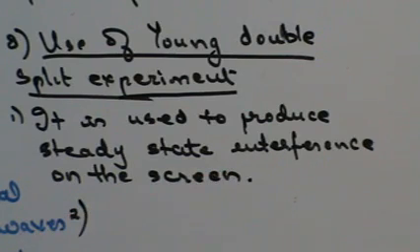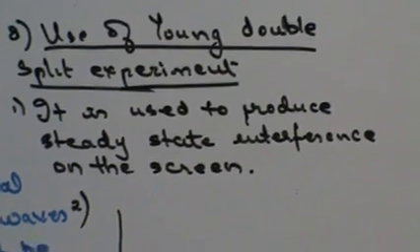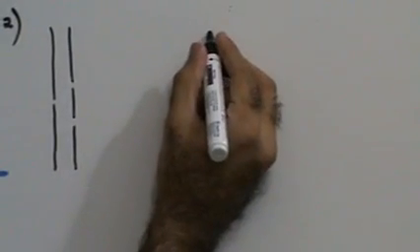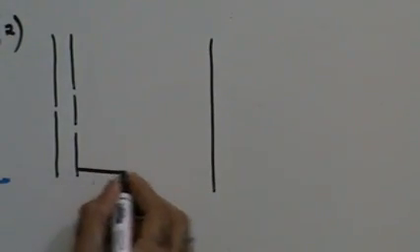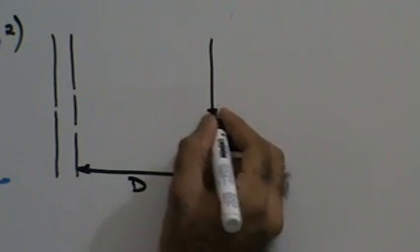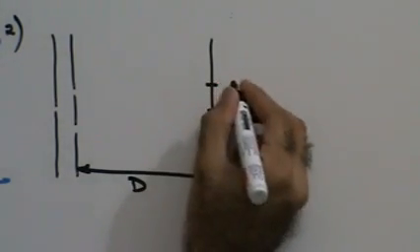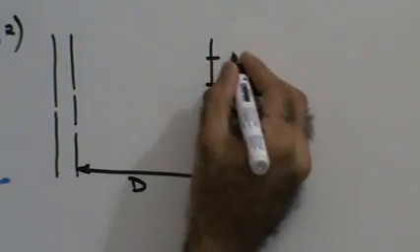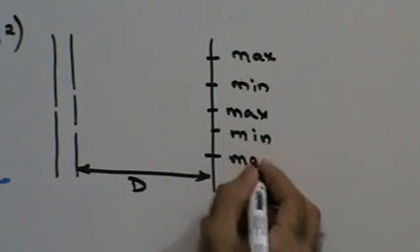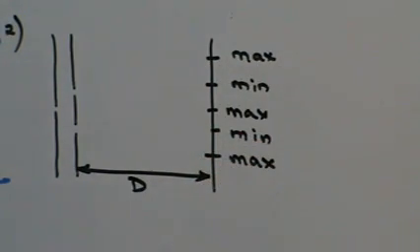Second, the distance between the slit and the screen can be easily measured. Now see, I'll show you this experiment again. The first slit, the second slit, and this particular distance is called D, that is my distance between the slit and the screen, right? Here I'm going to get maximum brightness, minimum brightness, maximum brightness, minimum brightness, maximum brightness. I'm going to get a steady interference pattern, right?